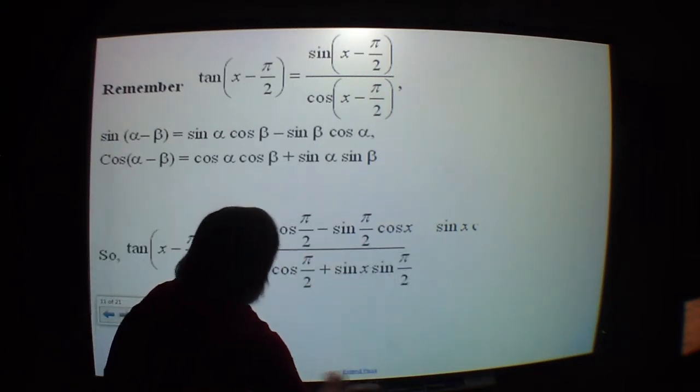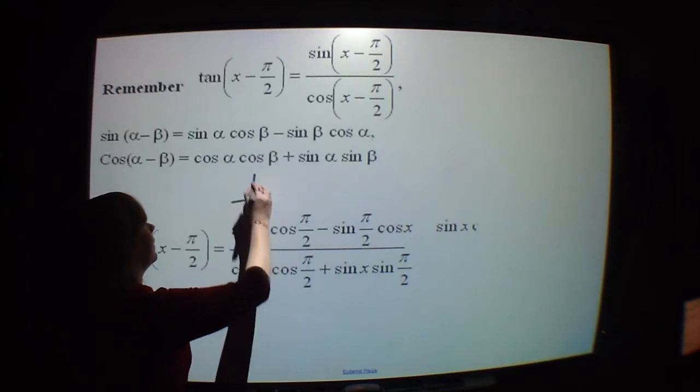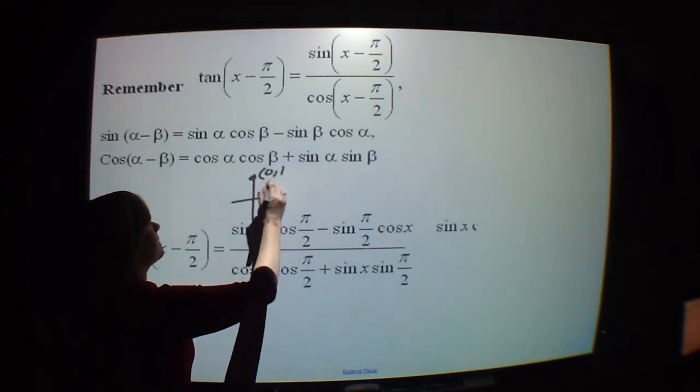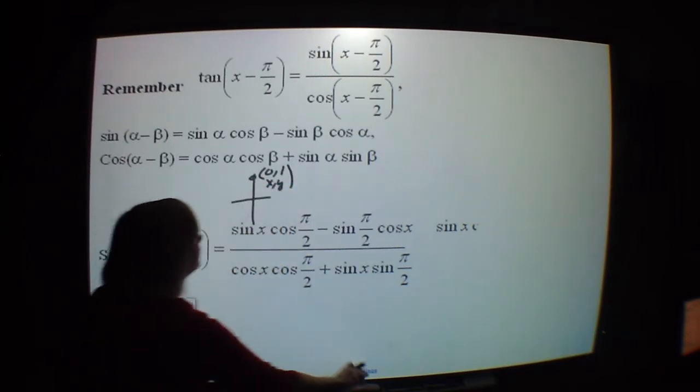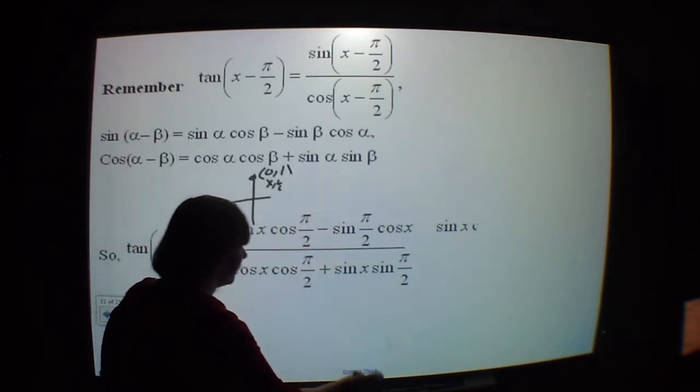And again, remember, pi over 2, that's my x, that's my y.